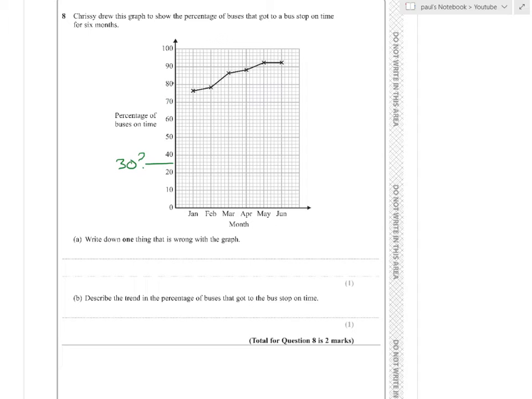Doesn't actually make any difference, but January, February, March, April, May, June. So the vertical scale is wrong. Describe the trend upwards.